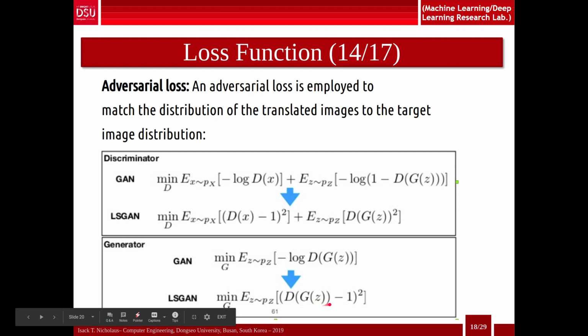By doing so, it guarantees its success. So this is the adversarial loss, where each side minimizes according to which it favors. The discriminator tries to minimize the general function, and the generator tries to minimize the confidence of the discriminator.